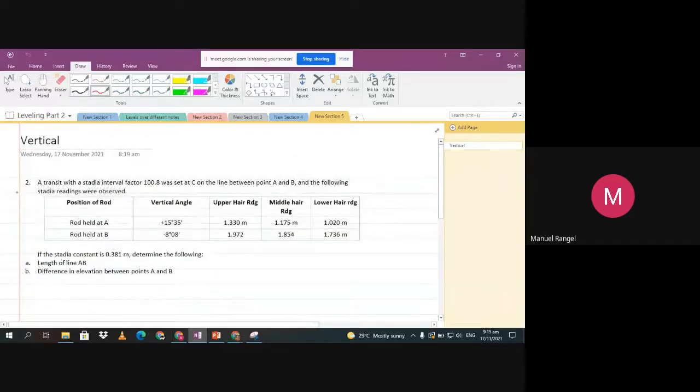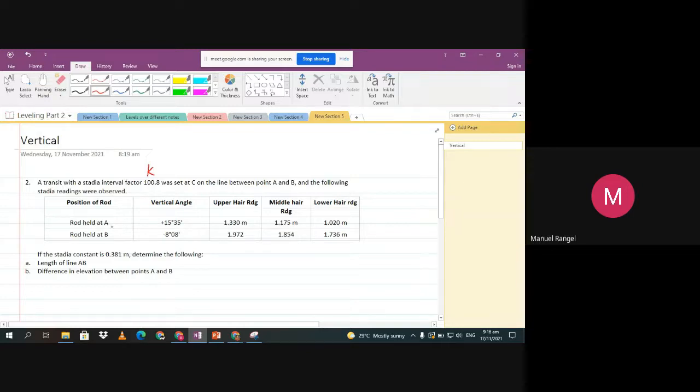We have a transit with a stadia interval factor of 100.8, so this is K, set at C on the line between points A and B. The following stadia readings were observed.